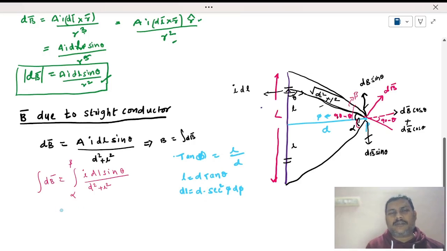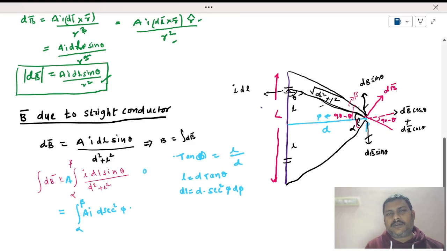So now substitute here: integral from alpha to beta, a is outside and a is constant, mu naught by 4 pi I dl, that means d secant square phi.